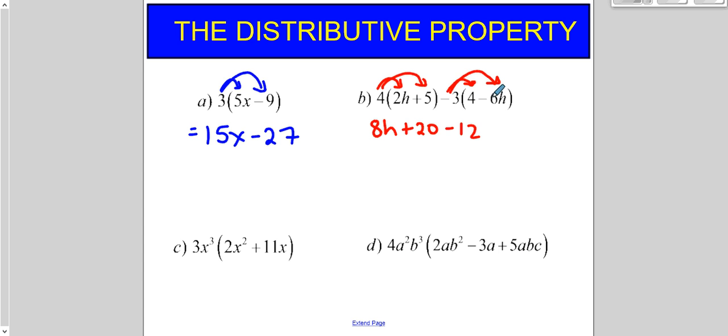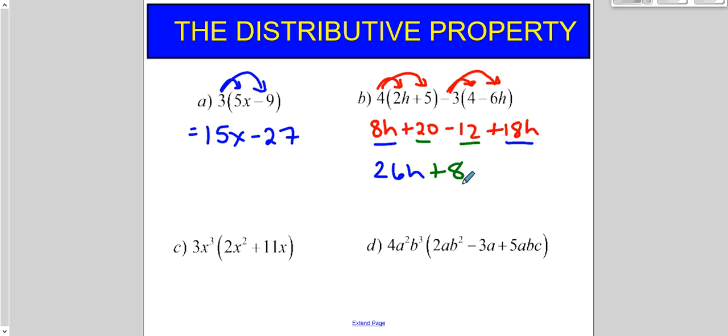And -3 times a -6h is a positive 18h. All right, now we're not quite done here. We are going to take a moment. We're going to collect like terms. So I have an 8h and an 18h, which is going to give me 26h. And then I have a 20 minus 12, which gives me a positive 8.